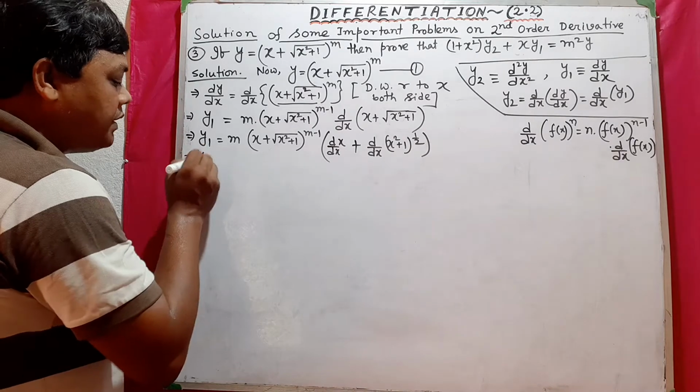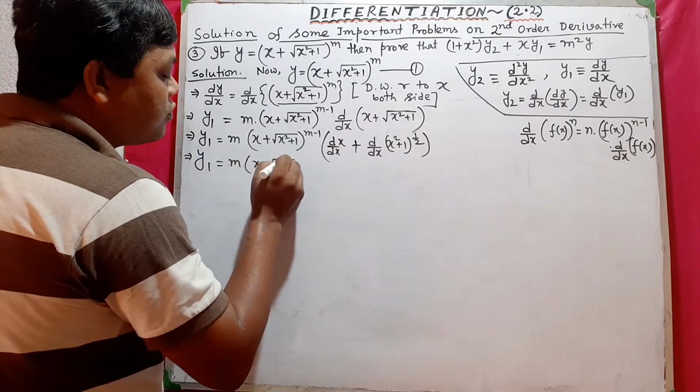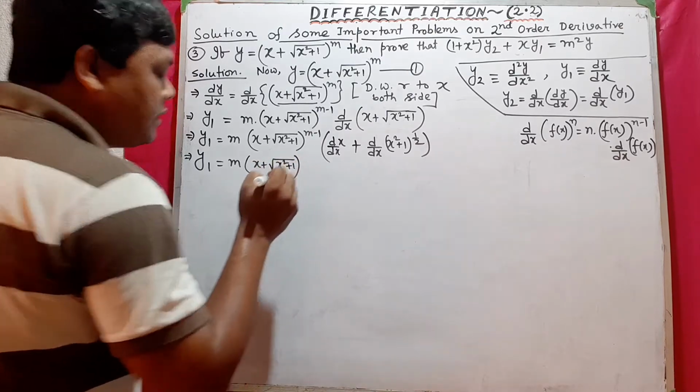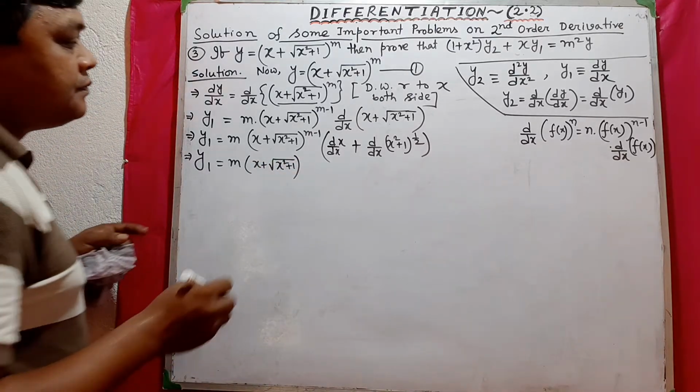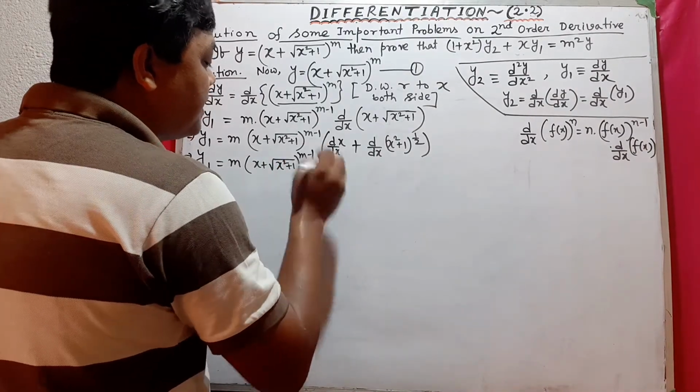So y1 equals m into x plus square root of x square plus 1, that is to the power 1, whole to the power m minus 1.